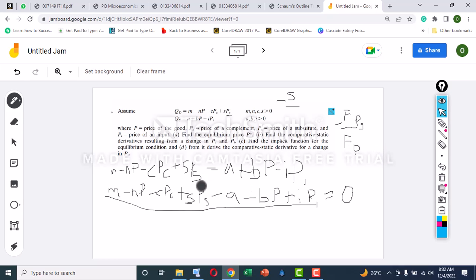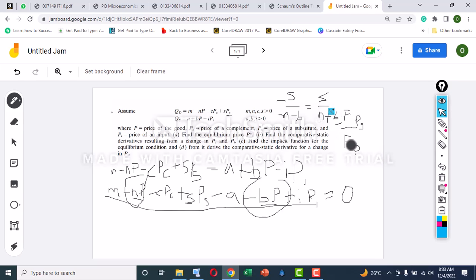Then f_p, differentiate with respect to p. This p here, not pc, just a normal p. That will be minus n, then for this one minus b. So by the time you factorize, it's going to give you s over n plus b. So that must be our final answer.